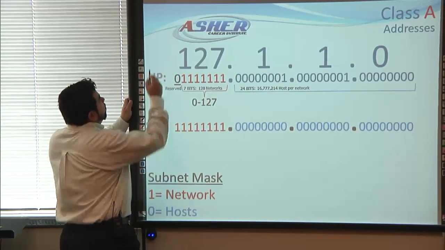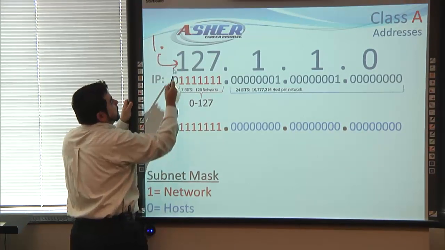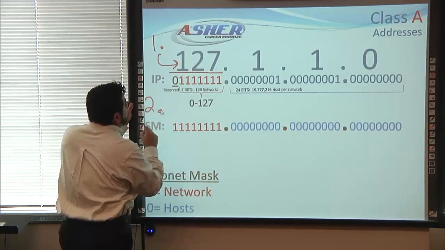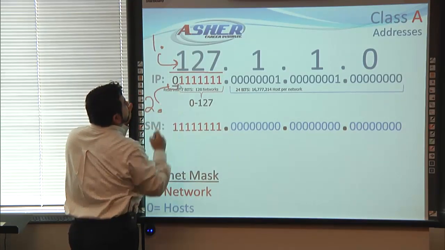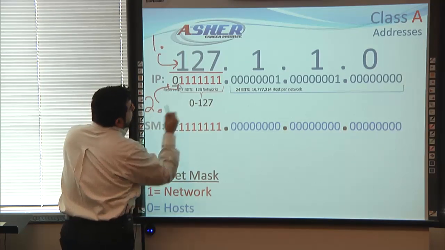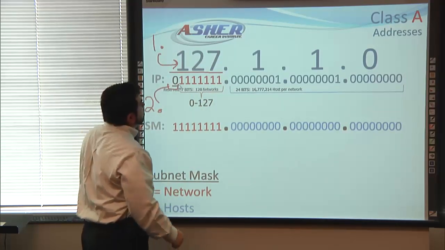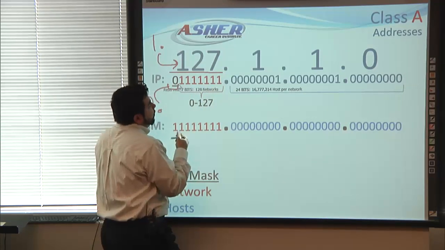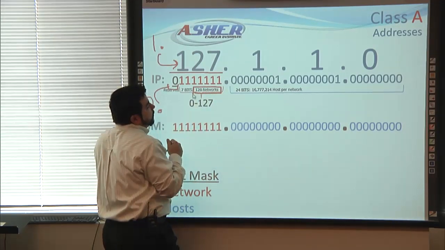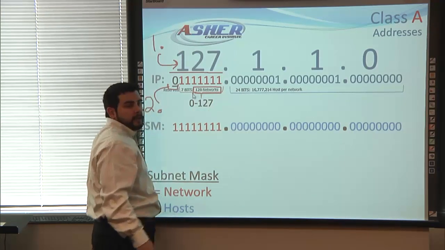All right. So the first way we could identify a Class A network was what? Because of the decimal number of 127. The second way we can identify a Class A network is because the first bit is 0. By having the first bit as 0, we have these 127 different binary numbers, or 128 total if you count 0. That gives us 128 networks, or 128 IP addresses that can be part of a Class A network.